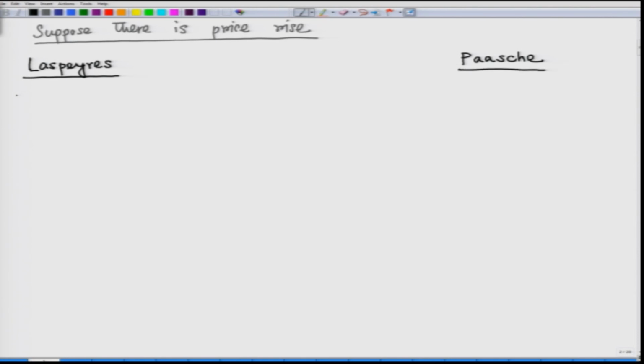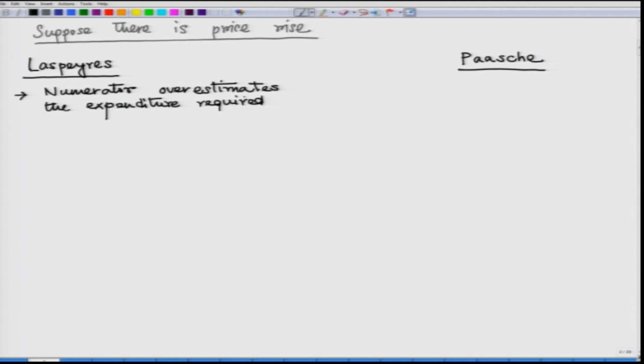In the case of Laspeyres, the numerator overestimates the expenditure required to reach the old or baseline utility.